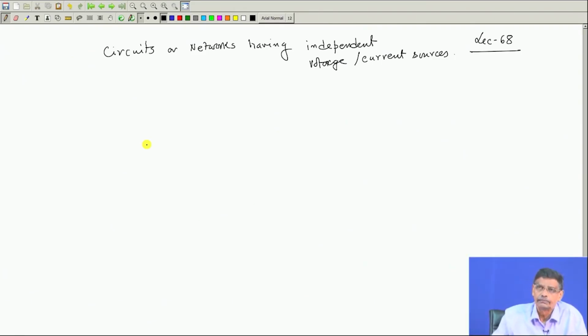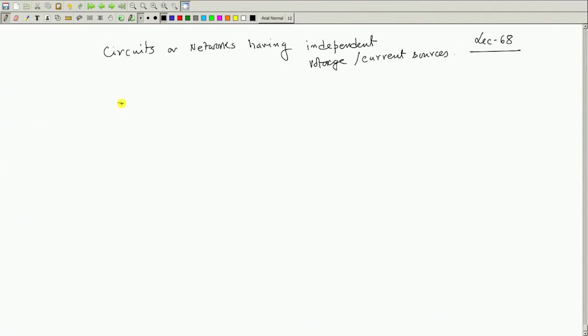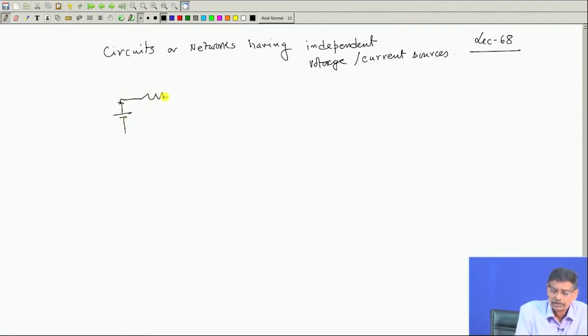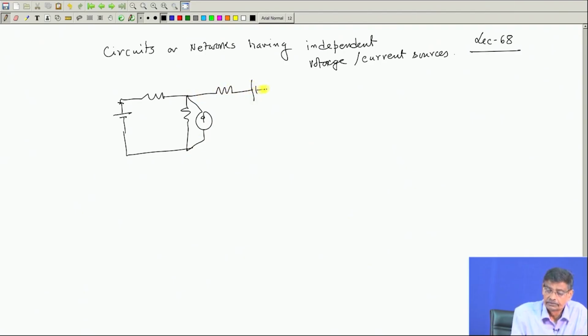We have done this, but there may be circuits where, for example, if I draw it, you will understand better what I mean to say. Suppose you have a network like this, here is a current source, here is another voltage source like that.